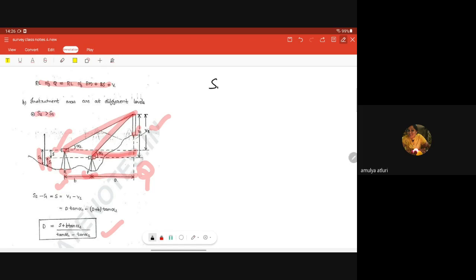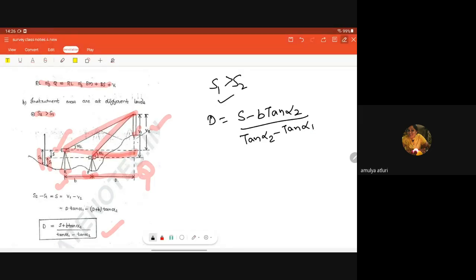If my S1 is greater than S2, then d is equal to (S minus b tan alpha 2) divided by (tan alpha 2 minus tan alpha 1). Got it? When S1 is greater than S2, d is calculated using this formula.